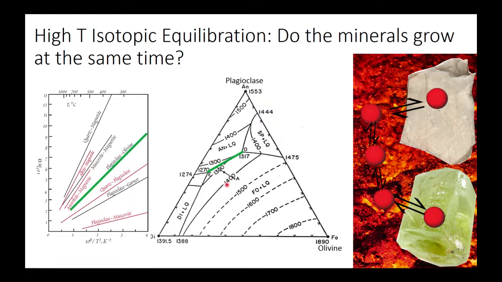So it's quite common in systems that you're able to precipitate out two minerals at the same time. But you need some understanding of which minerals in your rock would have been doing that.